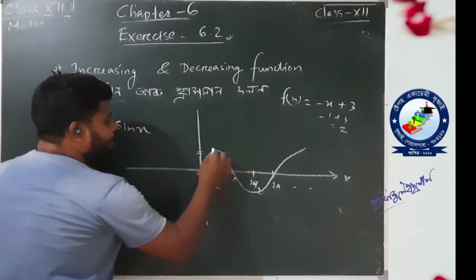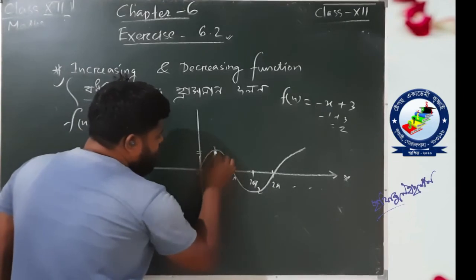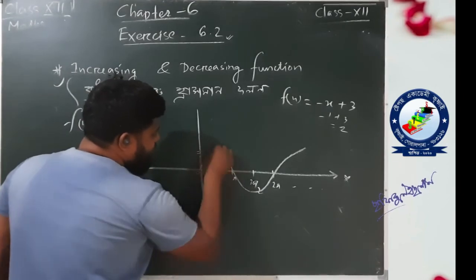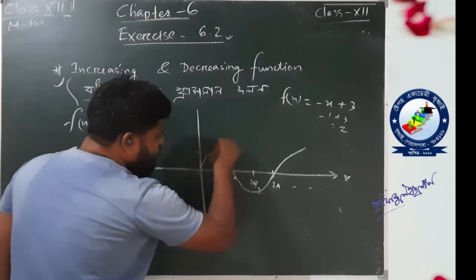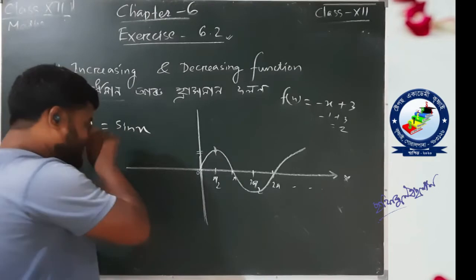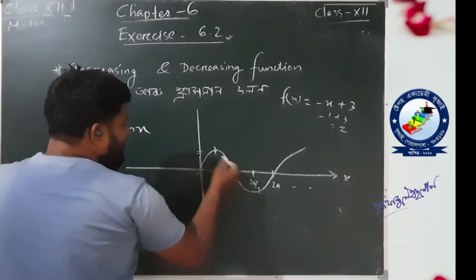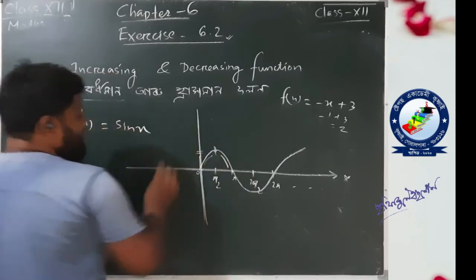From 0 to pi by 2, this is increasing, right? 0 ৰ পৰা pi by 2 লৈ function টো increase হৈ আছে. But from pi by 2 to pi, again this function is decreasing, right? So এনেকুৱা ধৰণৰ ফলনক আমি কও increasing and decreasing both. ইয়াত increasing হৈছে, ইয়াত decreasing হৈছে.